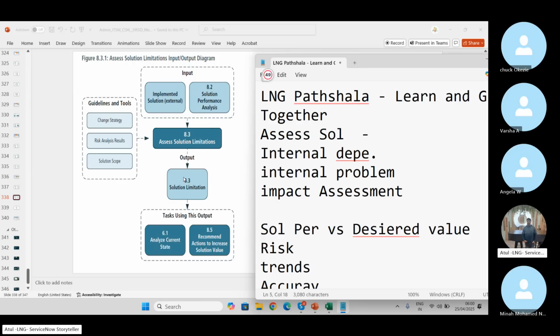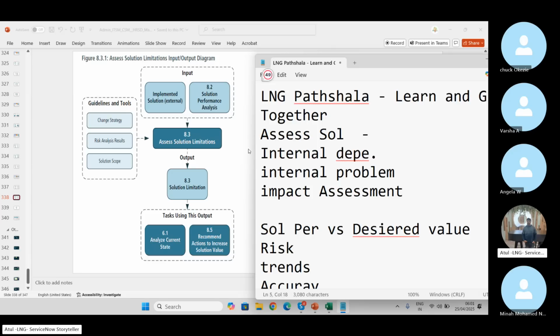And in this, the core technique which we use is lessons learned, that is main. Second, have a risk analysis as well.